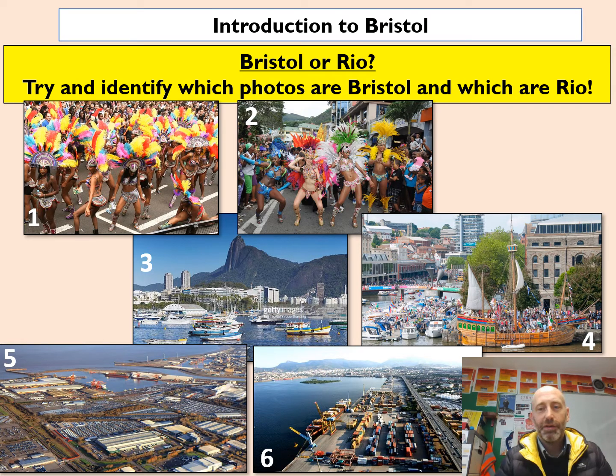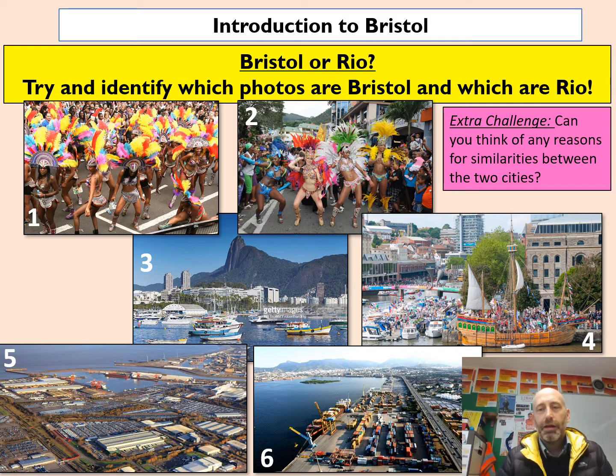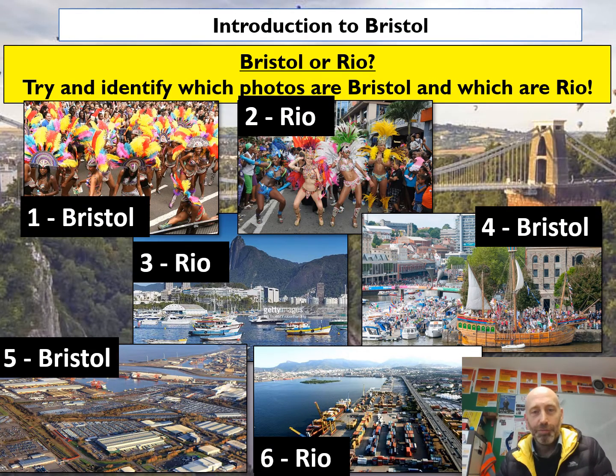Okay, so going to look at the answers now. Number 1 is Bristol. They have something called the St Paul's Carnival every year, or previously before COVID. And obviously number 2 is Rio, part of the Carnival, one of these big international events that we learnt about when looking at Rio. Picture 3 is Rio.